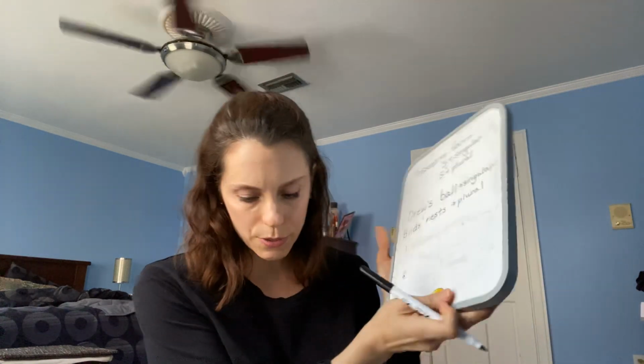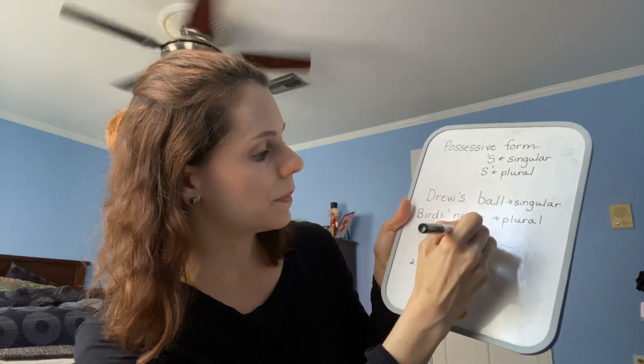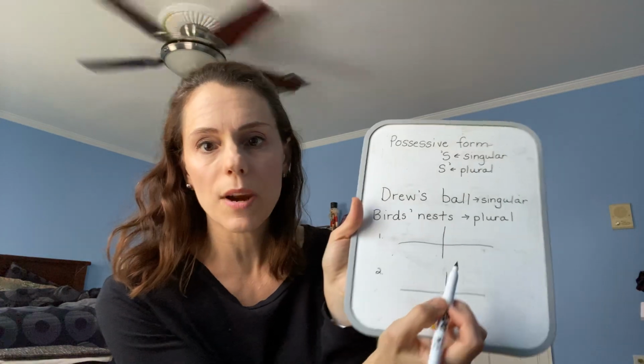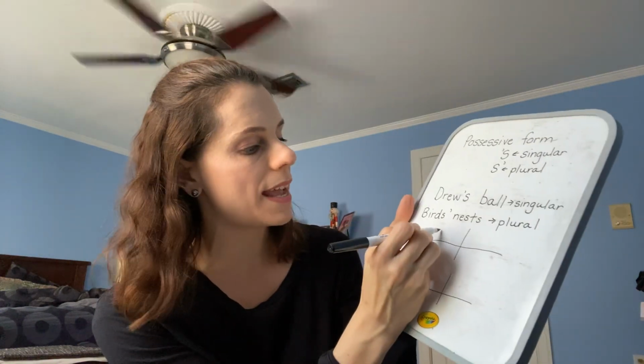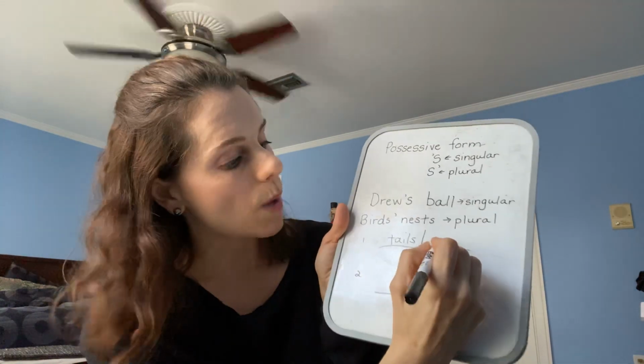I didn't have you guys write it because it's only 2 sentences. So I'm going to do a quick erasing right here. And I have number 1 and number 2. So what they did for number 1 and number 2, they put the subject and the predicate all the way down. So tails wag.